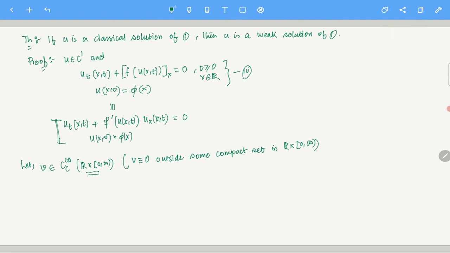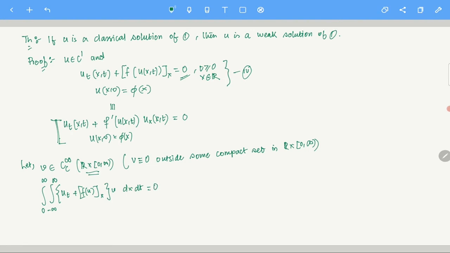Now I will multiply v with this particular term. So if you multiply, u_t plus f of u times x, multiplied by v, and integrate with x running from minus infinity to infinity and t running from 0 to infinity, this is equal to 0.